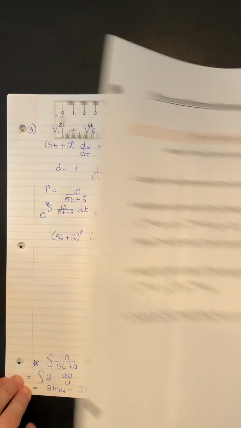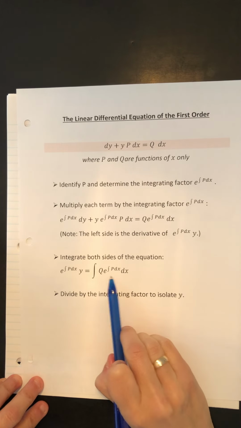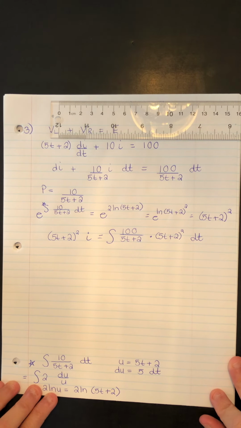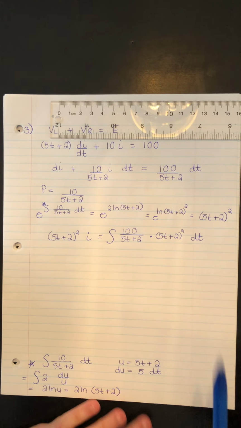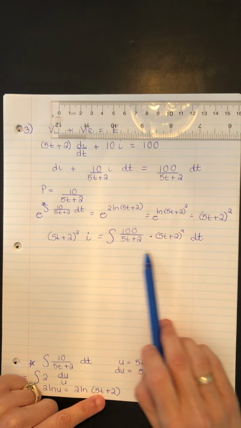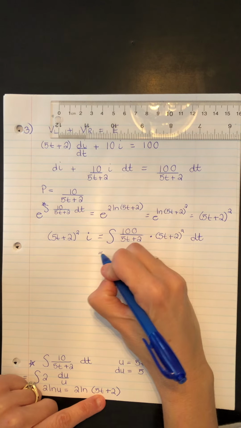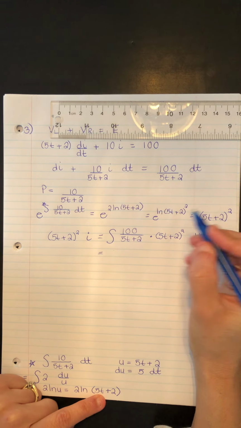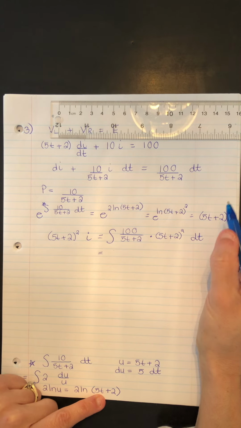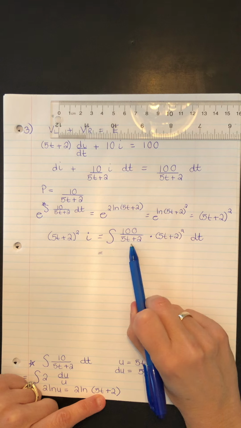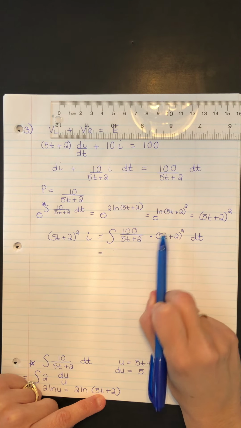Okay, so it's normally q integrating factor dx, and of course for our application it's q integrating factor dt. So before performing this integration, clearly we're going to simplify this. This is the same as 100 times 5t plus 2. Okay, so we just reduce here.